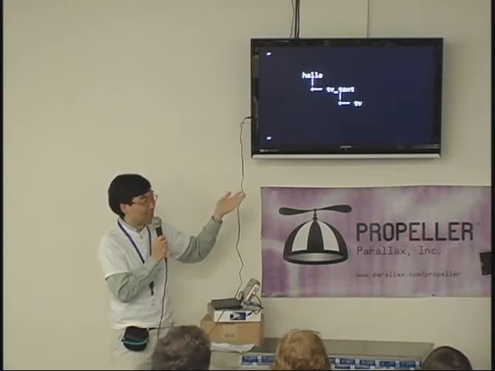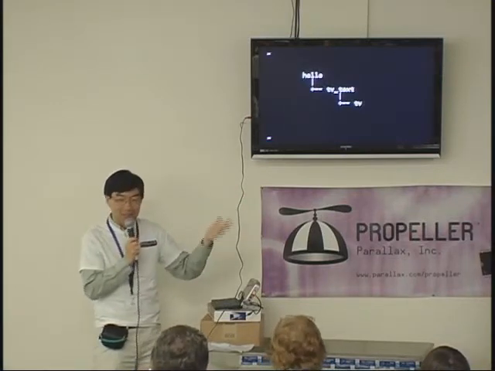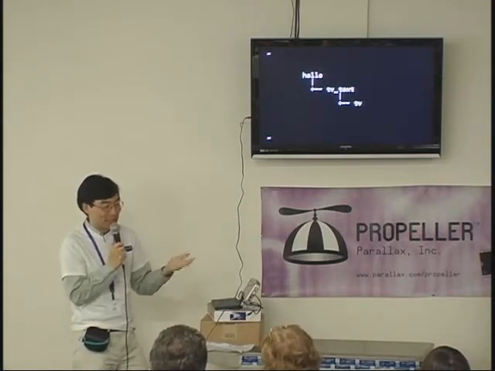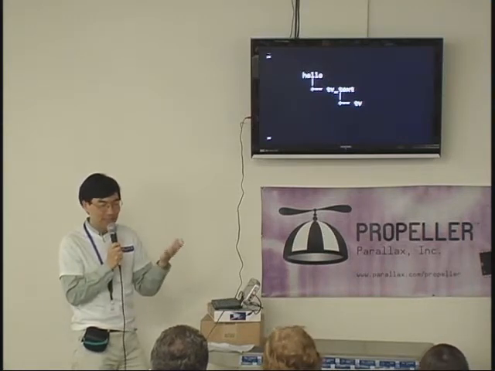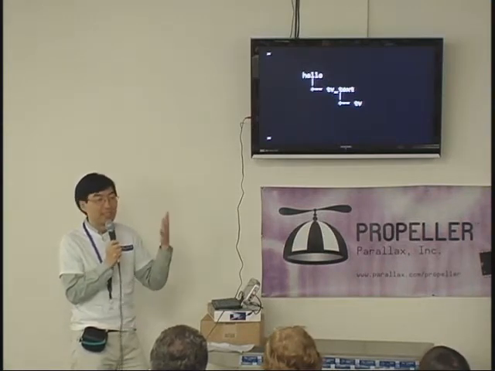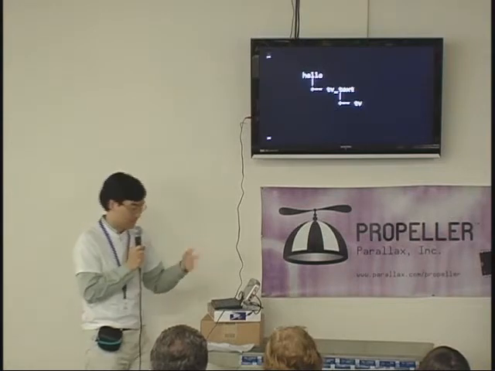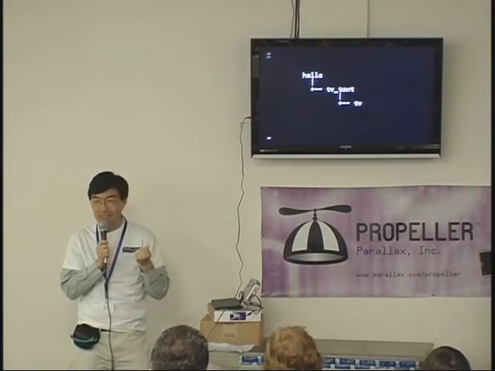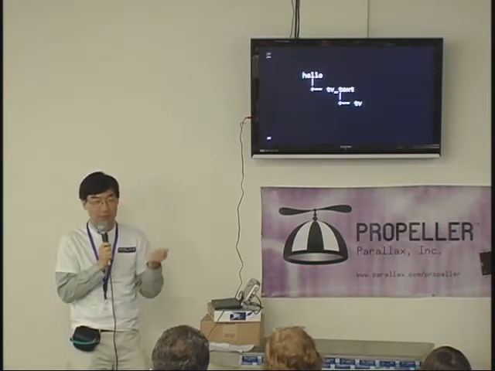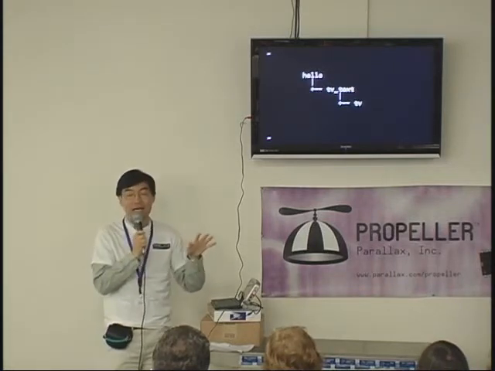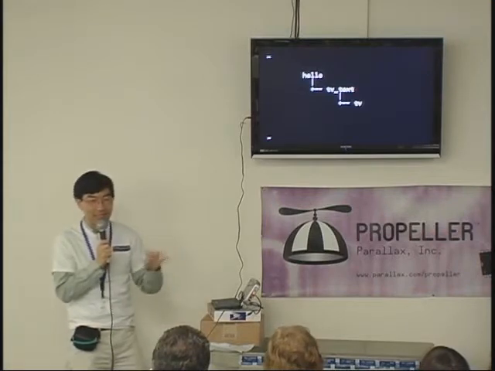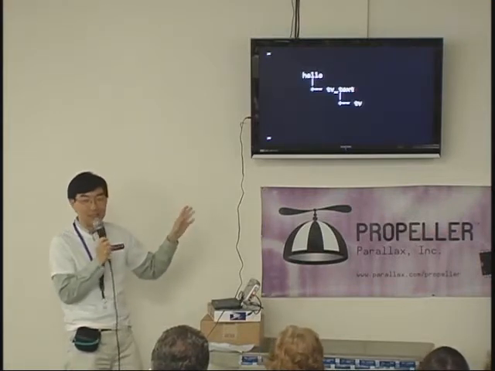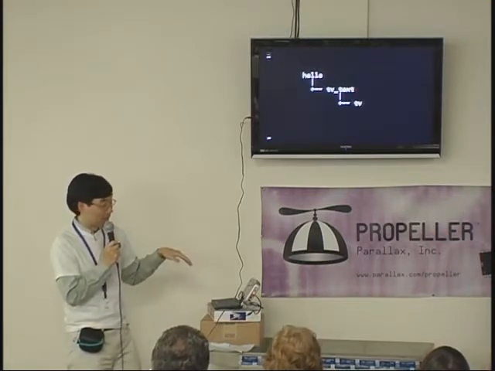Then it finds out it has to read in TV, so it compiles that as well. So ultimately, the PC compiler is compiling three programs together. And compiling is expensive in terms of memory and time, so I realized that I couldn't follow this model on the Propeller.